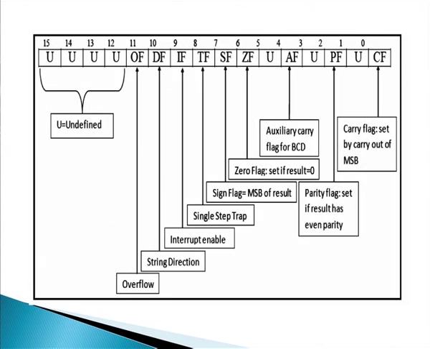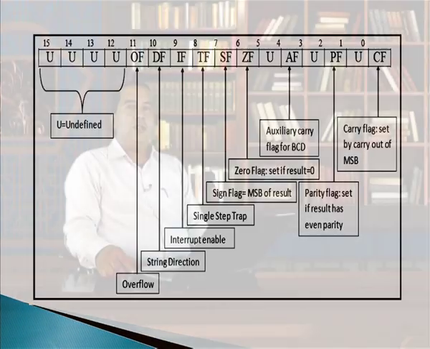The flag register of the 8086 microprocessor is 16 bit. This flag register has 9 flags in it and the remaining bits are don't care or undefined conditions. The overall flag register of 8086 is divided into two parts. One is the conditional flag register and the other is the control flag register.